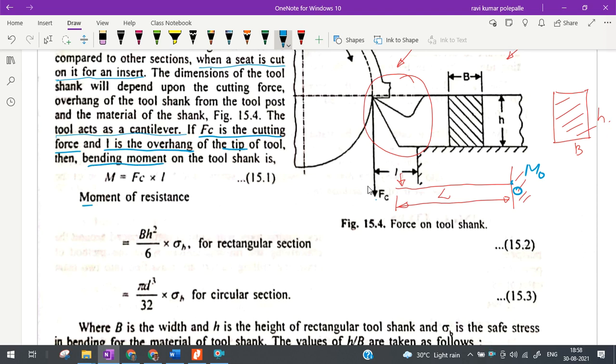And when we talk about the bending properties, we may write moment of resistance Mr. So Mr is equal to BH cube by 6 into sigma b. So this we are getting from the bending equation.